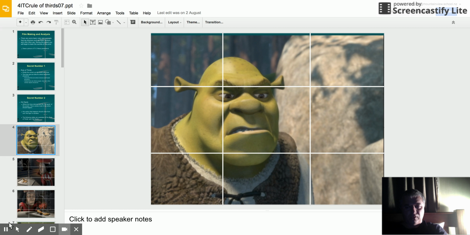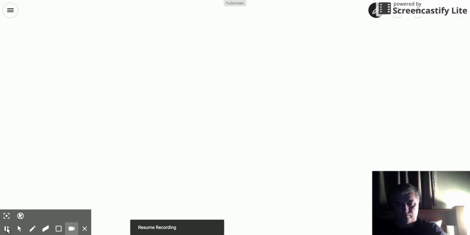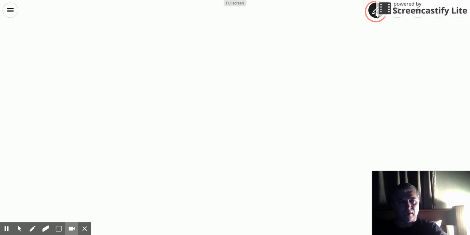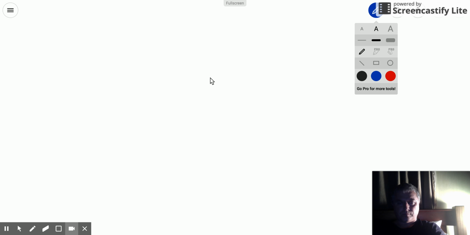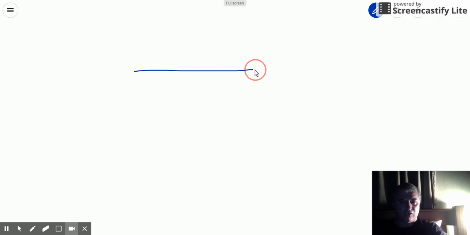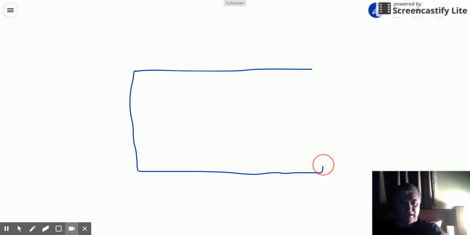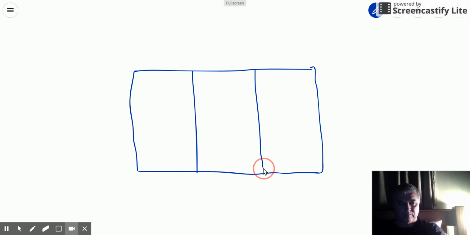So to demonstrate what I'm talking about, we can draw our scene in our storyboard. So this can be our box in our storyboard, and I'll put in the grid lines.